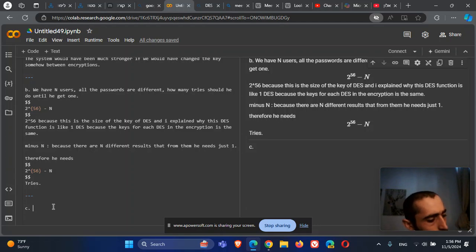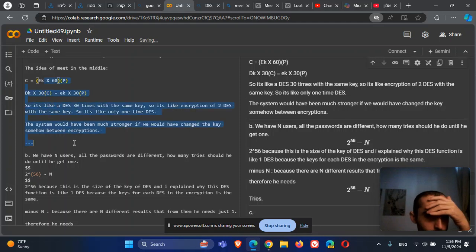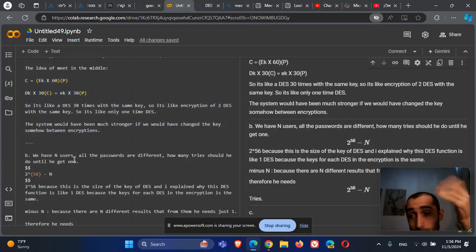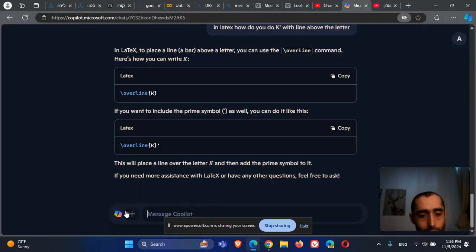We can change the number of encryptions from 60 to 600. What are the advantages and disadvantages? If there are any advantages, it means that probably I was wrong in here. It's not like one, the same key. If I'm doing 30, that's with the same key. Wait.